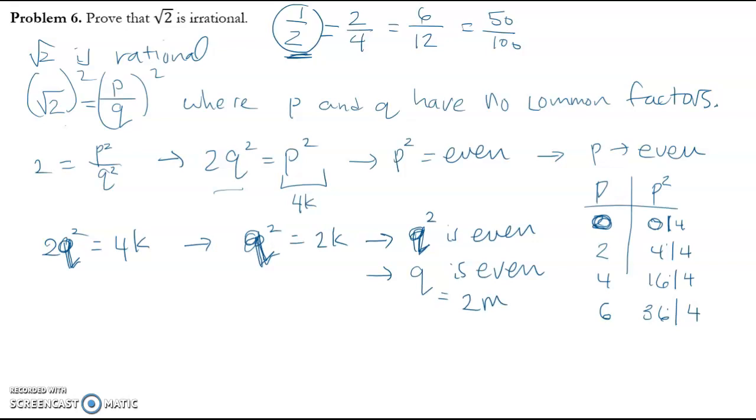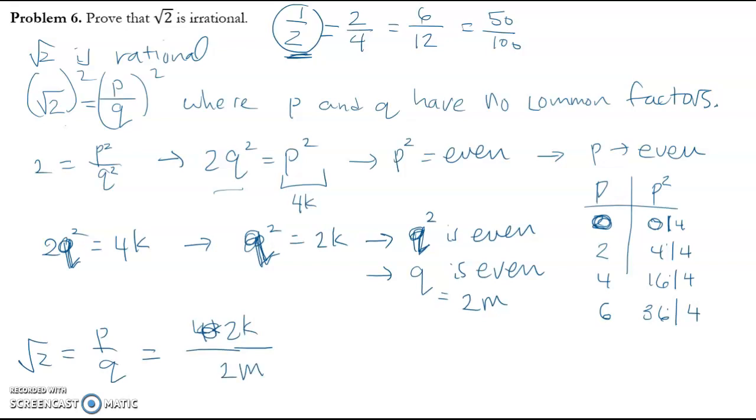So essentially we defined the square root as p over q at the beginning, and we ended up with p being 2k, since p is even. And we also got to the conclusion that q is also even, so this is 2m.